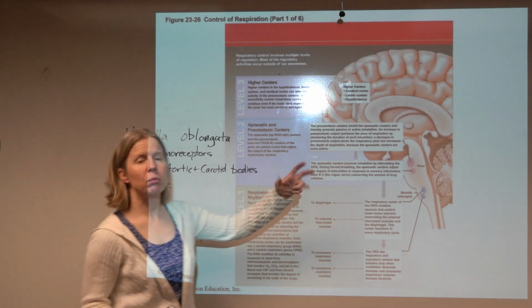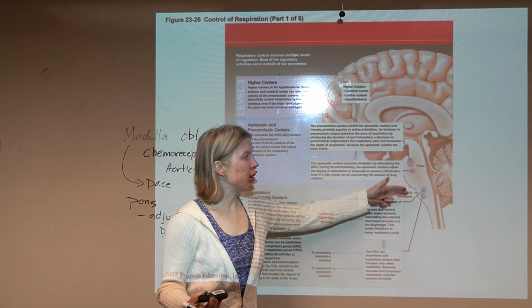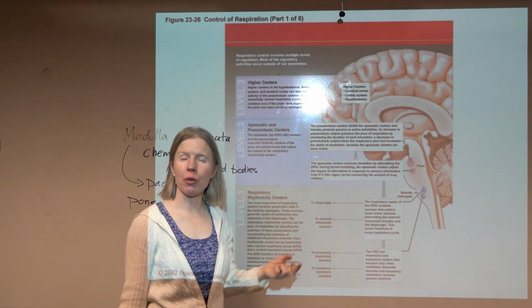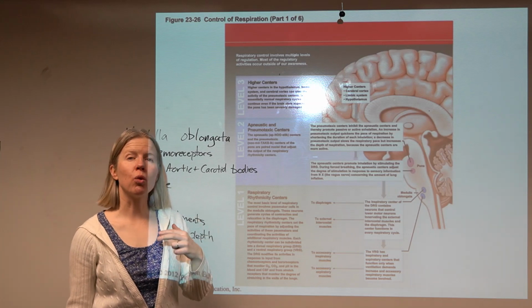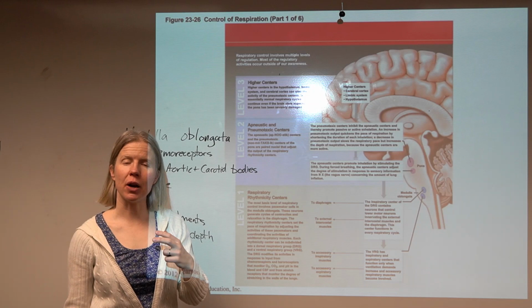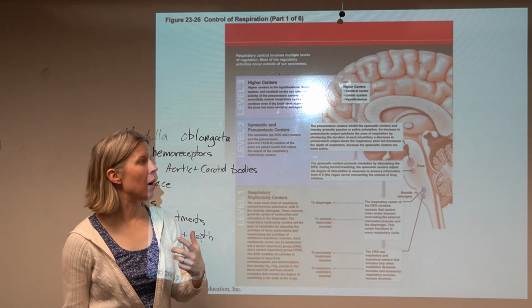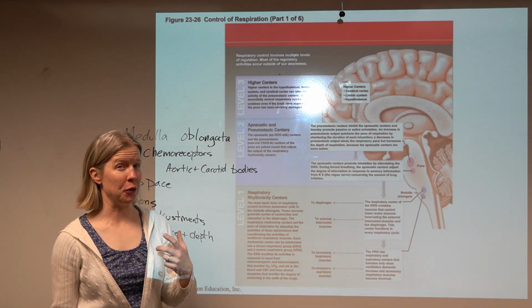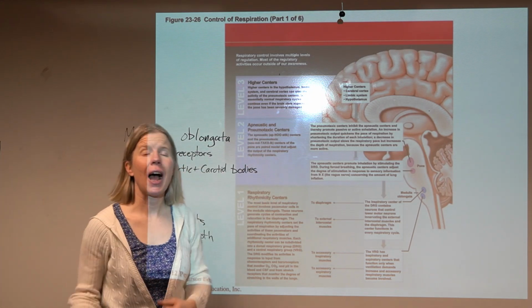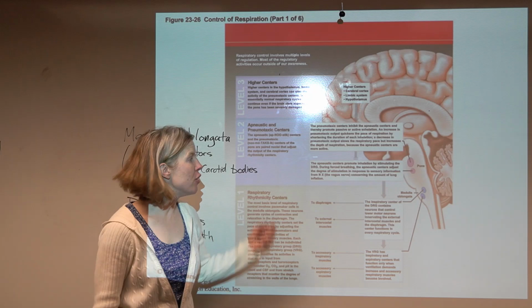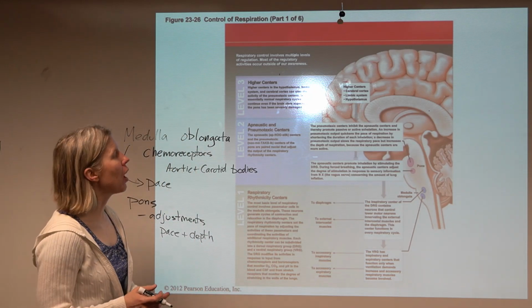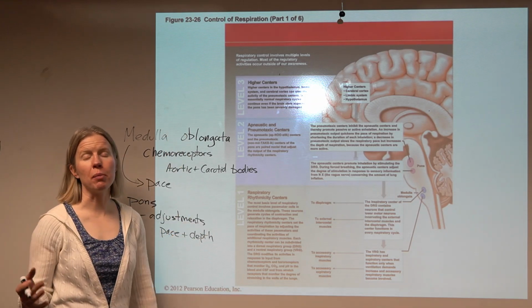Now notice both of these are in the brainstem. So you can have brain injury to some of these higher regions of the brain, and we'll continue to maintain these vital, life-saving measures down here in the brainstem. The brainstem is really who you don't want to injure. These higher centers can make adjustments, right? I can tell you to hold your breath, and you can override the breathing rate that the medulla has set for you. But for the most part, this is going to be pons and medulla.